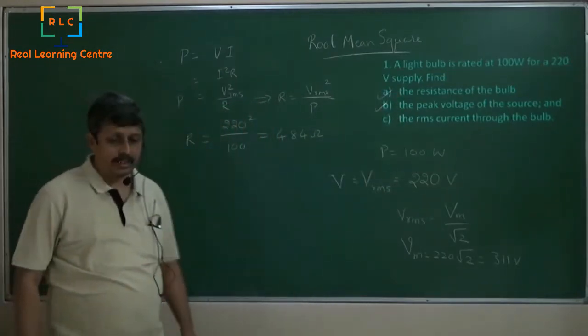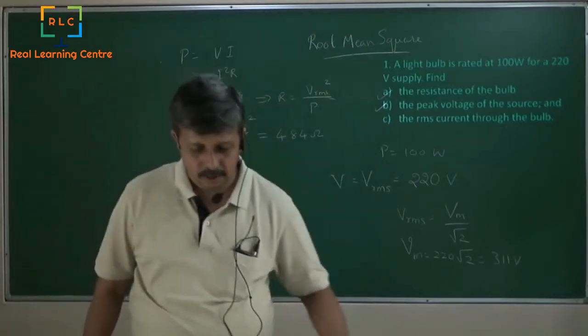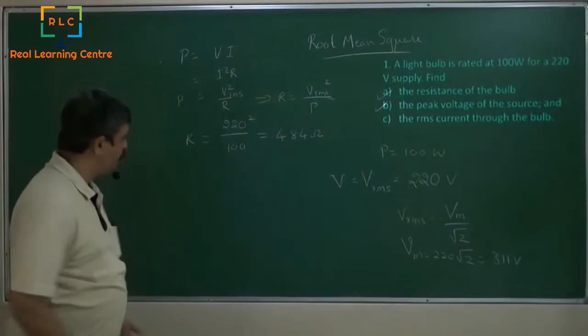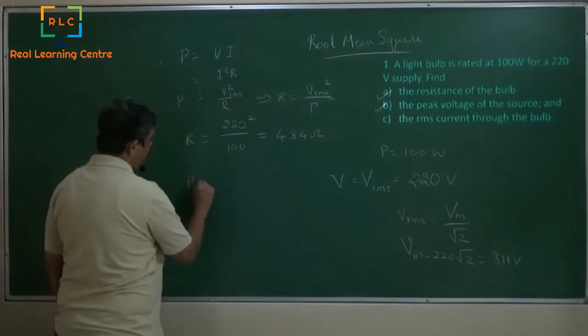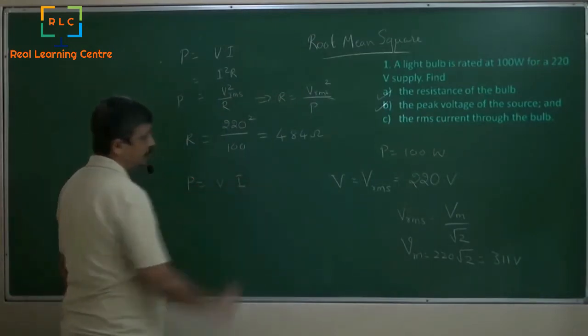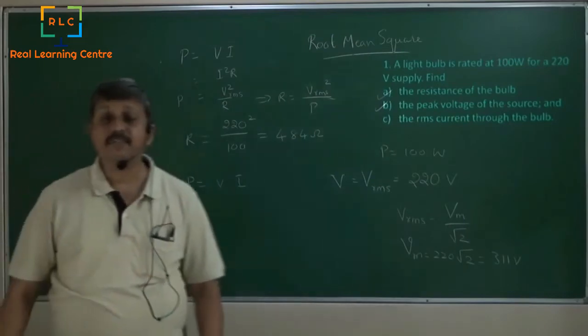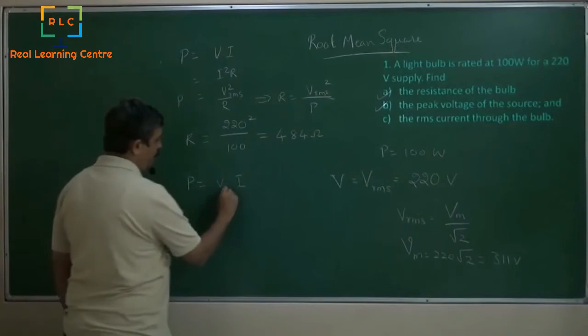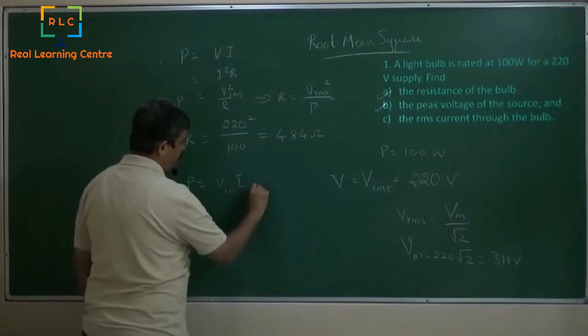Now the RMS current through the bulb. How do you calculate it? We know very well that P is equal to VI, where V and I are the RMS. So we will write it as VRMS into IRMS.